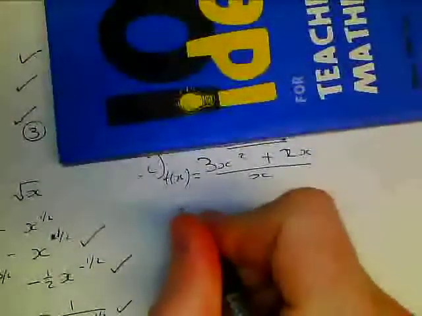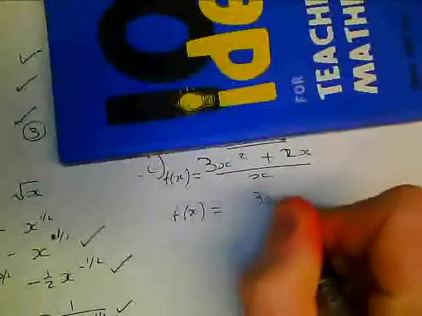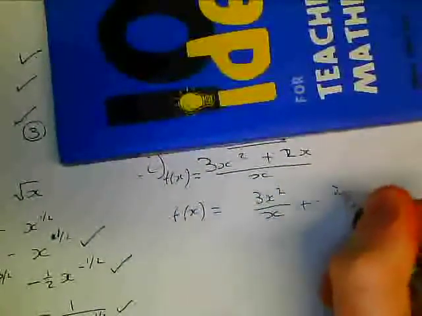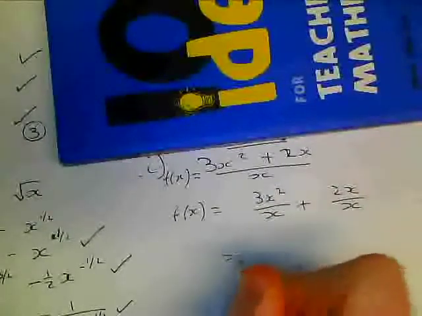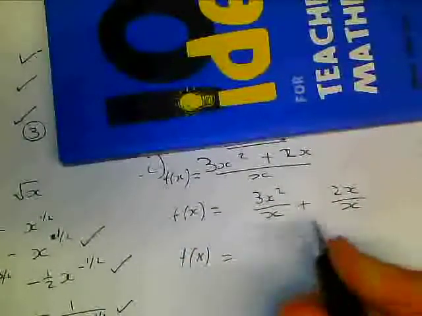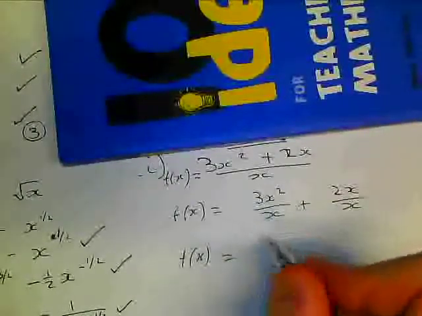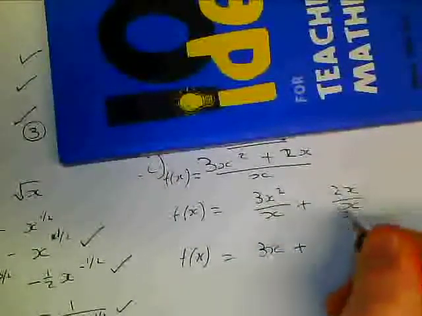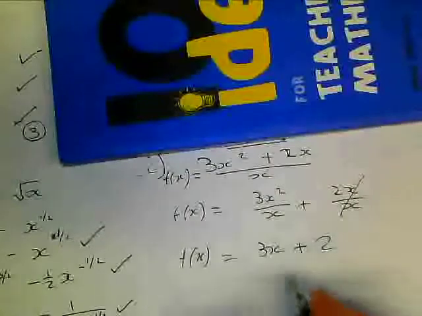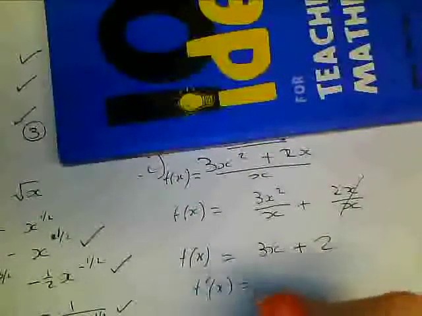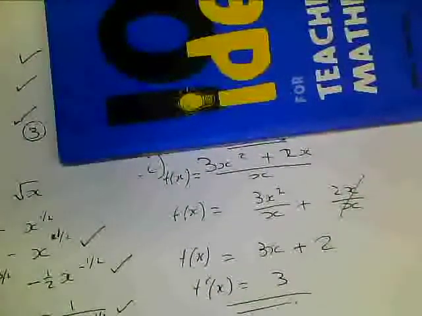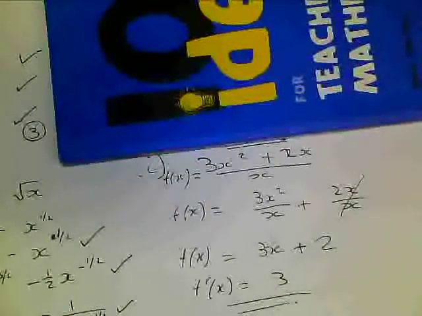Let's chop it in half. f of x is 3x squared over x, add 2x over x. And using your basic indices stuff from last year, dividing is the same as taking away the powers, right? So we're going to 3x, add, and here the x is cancelled, it's 2. Differentiating that gives us 3. That is our answer. It's not a very complicated question.